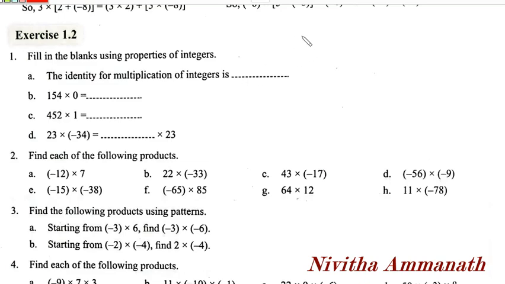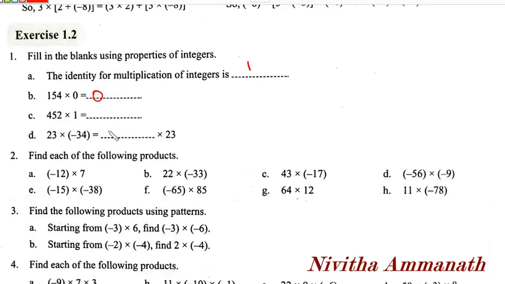That is, when we multiply by 1, we get the same number, right? So which is the identity for multiplication of integers? That is 1 only. Now the next one, 154 into 0. We all know that any number into 0 is 0, right? The product of any integer and 0 is 0.